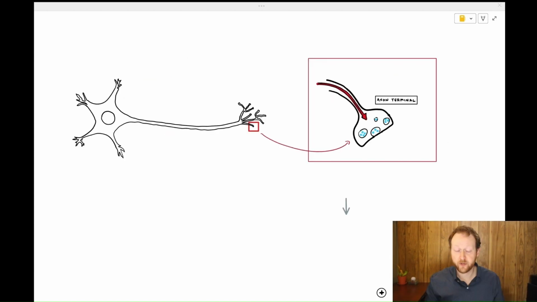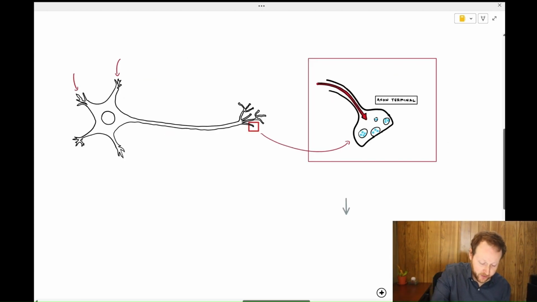To recap, this neuron, while in its resting state, will be receiving information from other neurons by way of its dendrites.